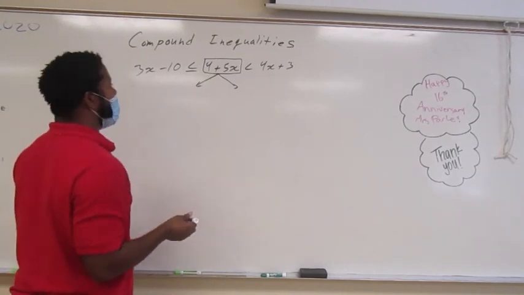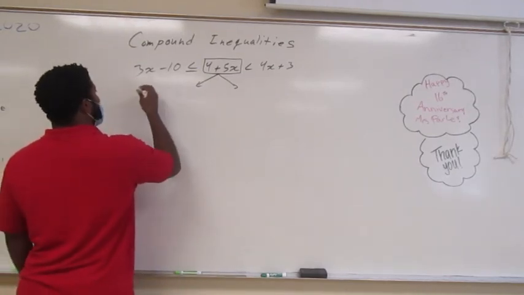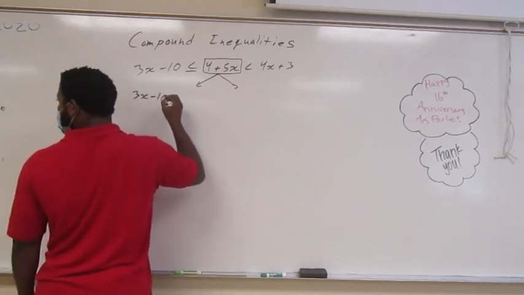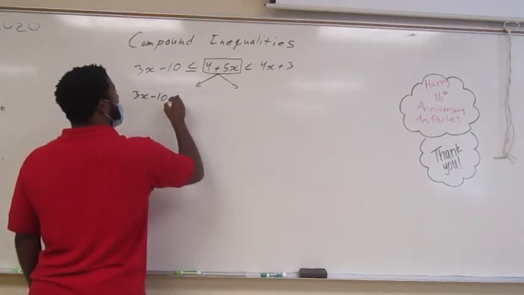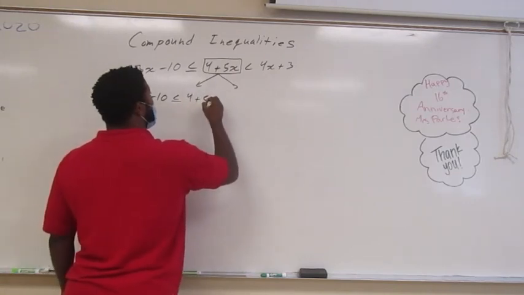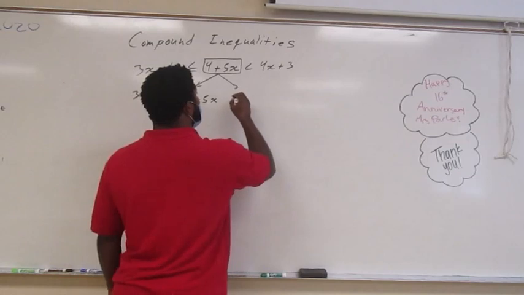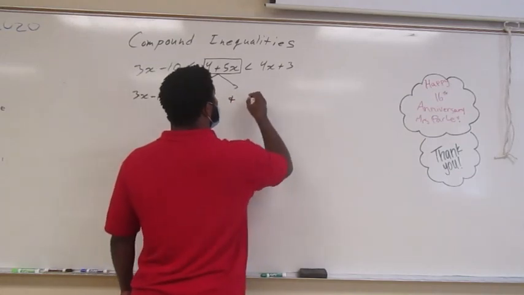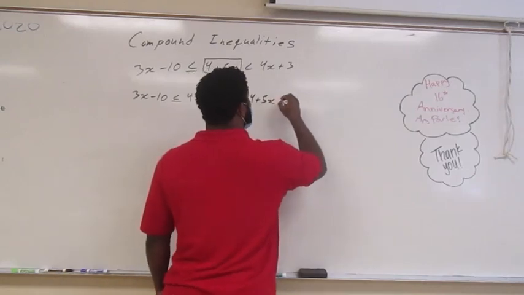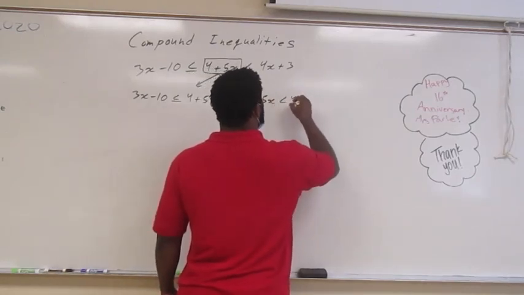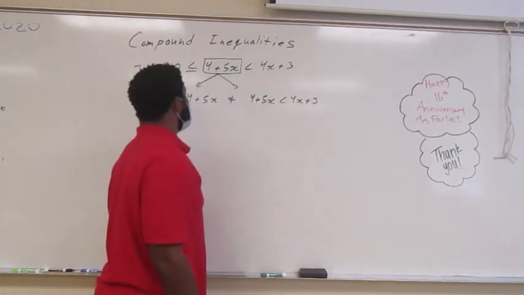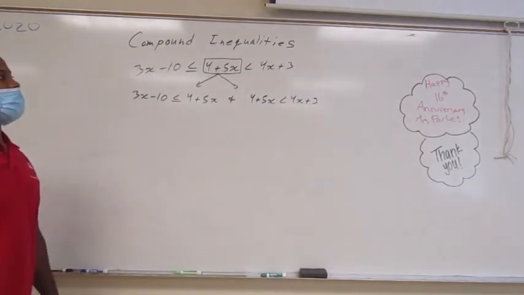What do I mean by that? Well, you rewrite this out: 3x minus 10 is less than or equal to 4 plus 5x, and 4 plus 5x is less than 4x plus 3. Okay?